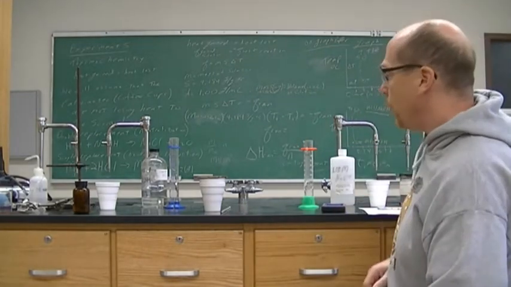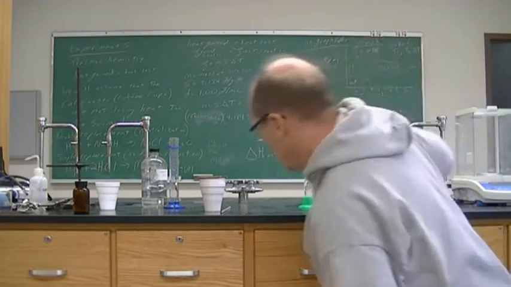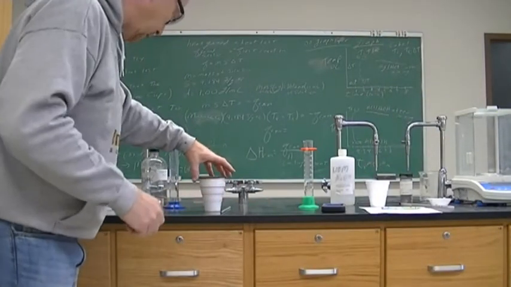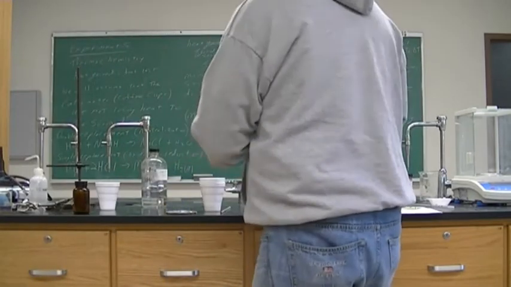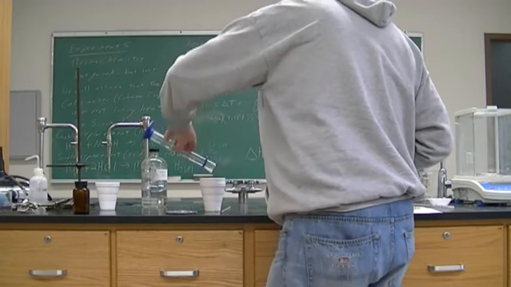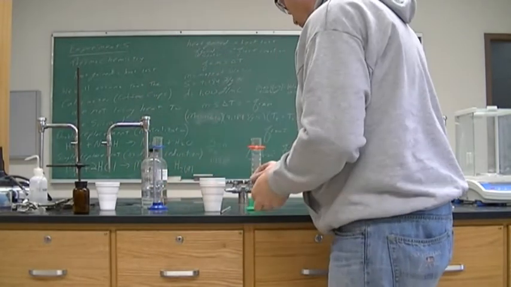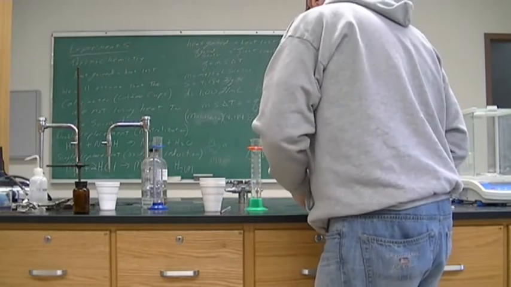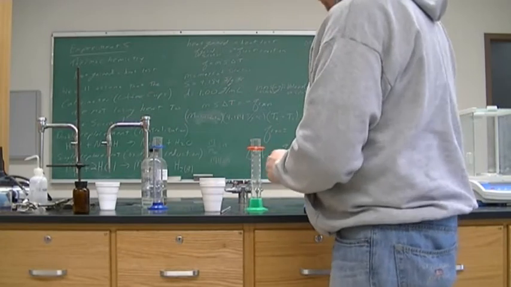All right, and so now we're going to mix them, and we're going to monitor the temperature change. So I will add my HCl. All right, and then once I add my NaOH, I'm going to get my stopwatch going here. And we're going to monitor the temperature every minute.